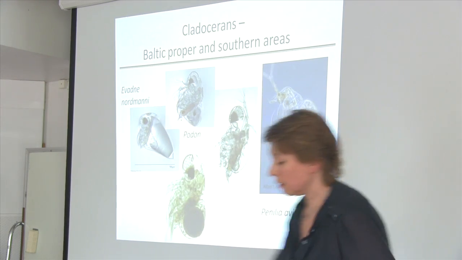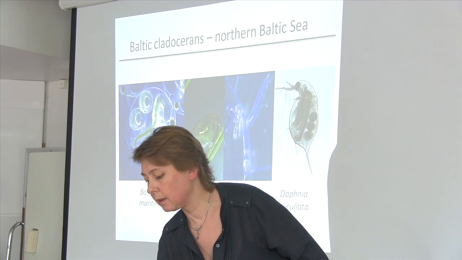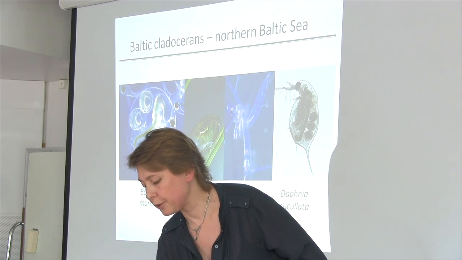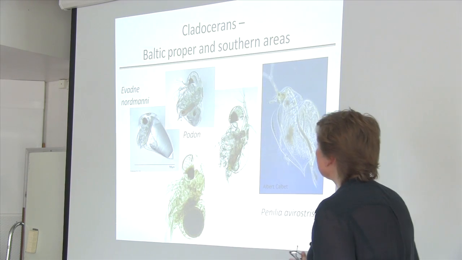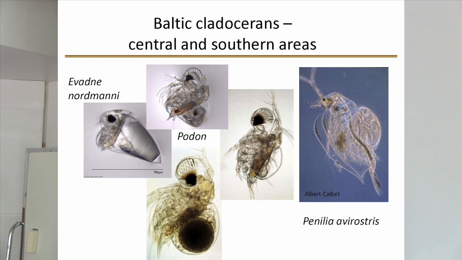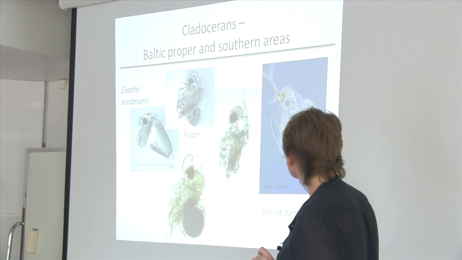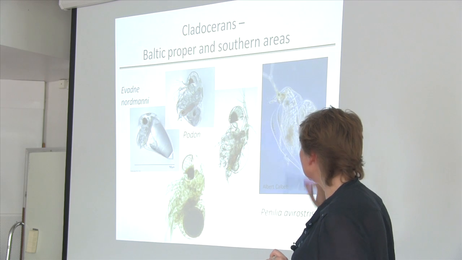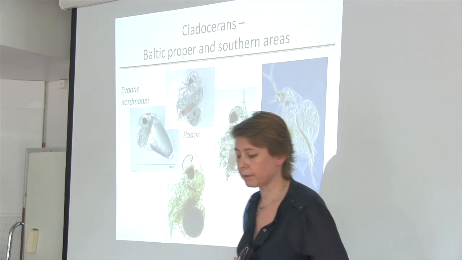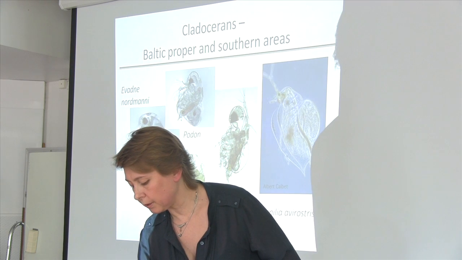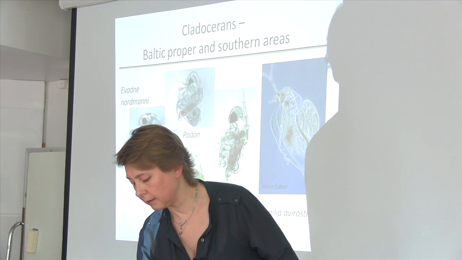And those are mostly in the more or less fresh areas. In the Baltic proper and southern areas, we have mostly podonids of different kinds, poor taxonomic resolution in all zooplankton data, doesn't make much sense in most cases, and Penilia, which is an invasive cladoceran in the southern Baltic, Kattegat, not here.